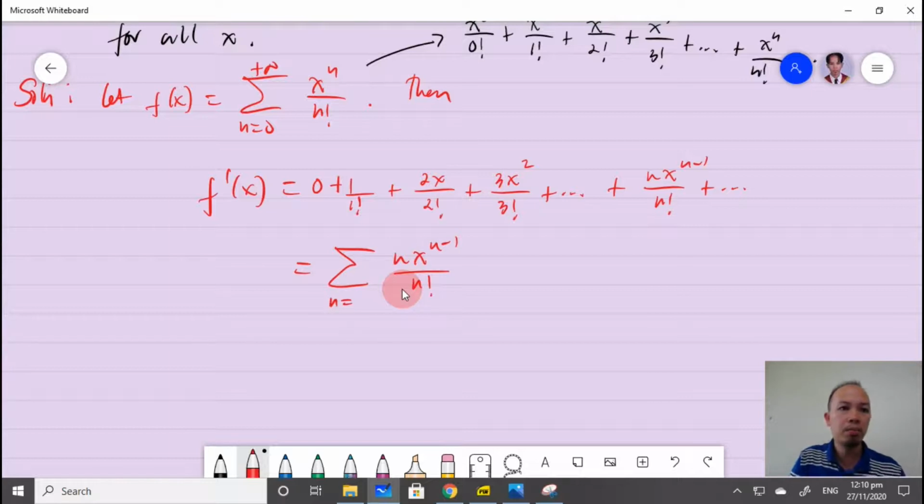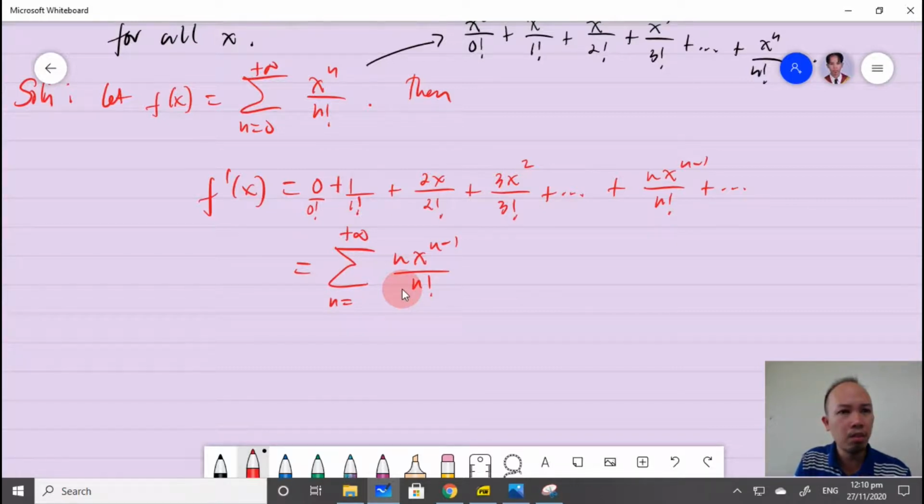Now, where does n start? When n is equal to 0, we have 0 factorial here, and there's something wrong, because what we will have here is x to the negative 1. So our n must not start at n is equal to 0.